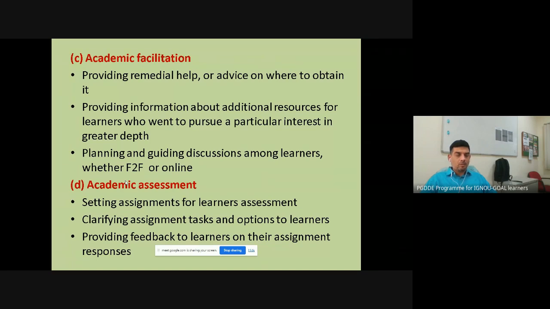Planning and guiding discussions, because if I initiate one discussion among you, then I should be there to facilitate also to that discussion, and ultimately, okay, that may be conducted either face to face or online also.